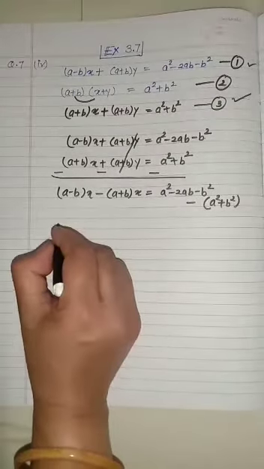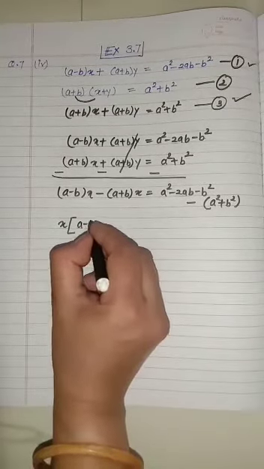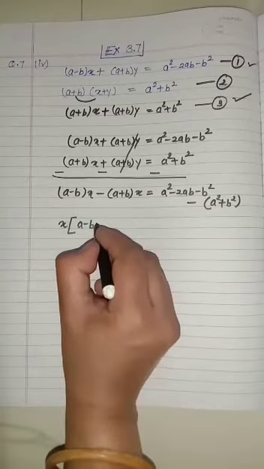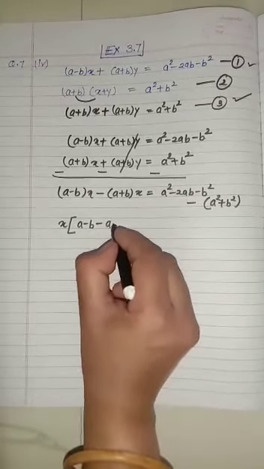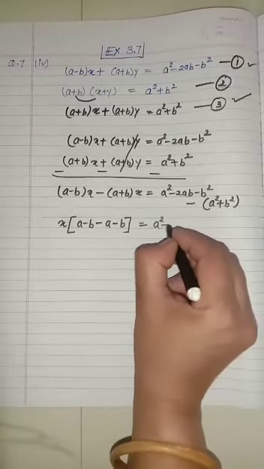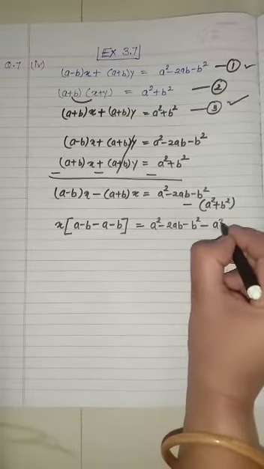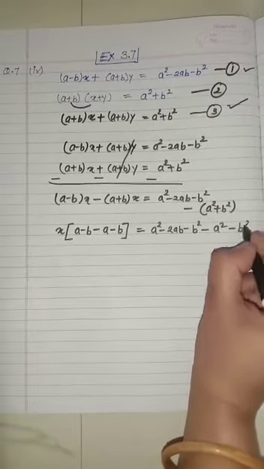Next step, as you can see, we will take x common, remaining terms (a minus b) minus (a plus b), because of this minus sign this sign will change, equals to, in right hand side also we will open bracket, minus a square plus minus b square.